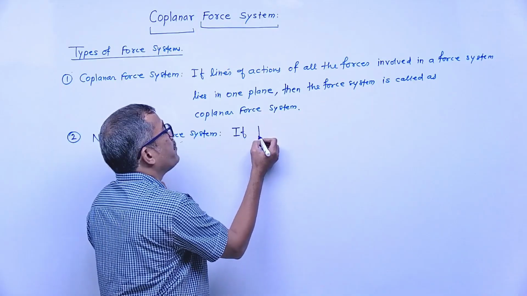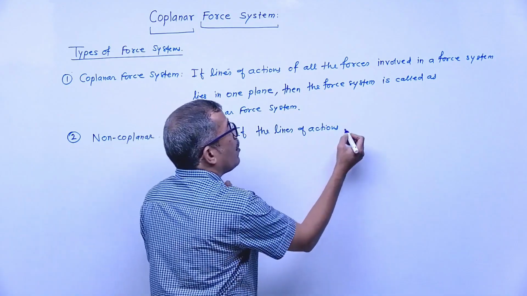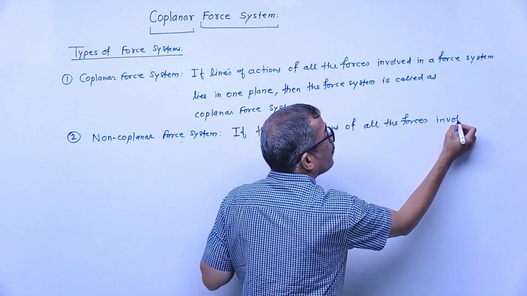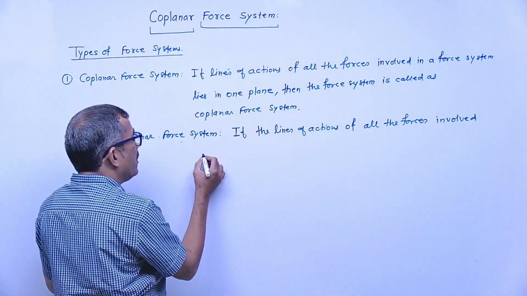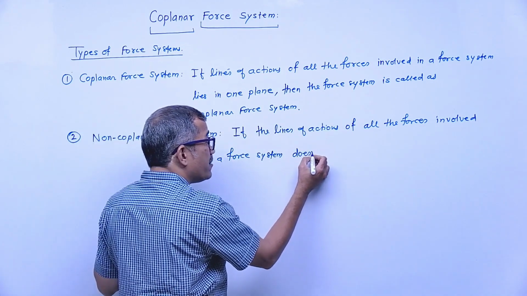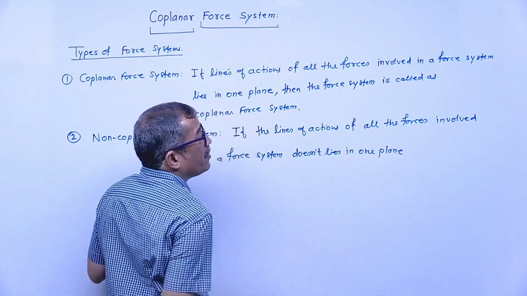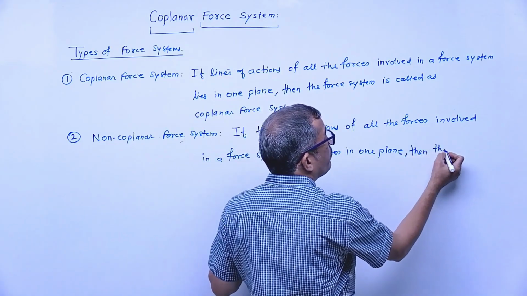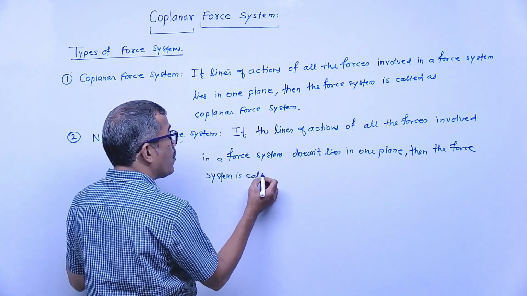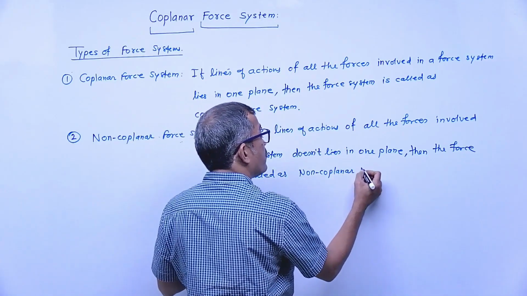That means, if the lines of action of all the forces involved in a force system don't lie in one plane, then the force system is called a non-coplanar force system.